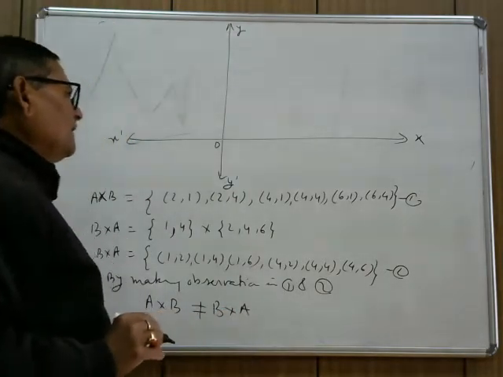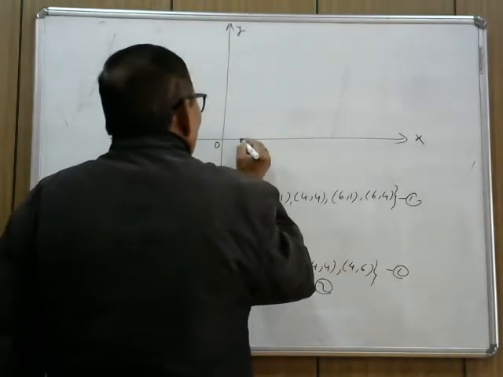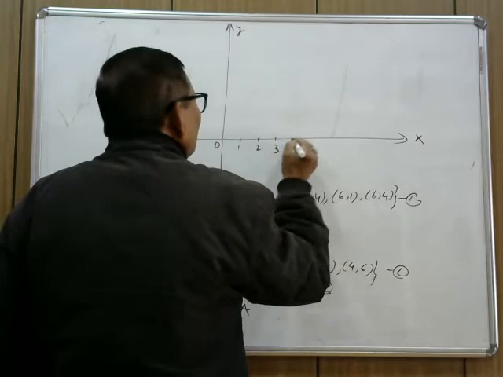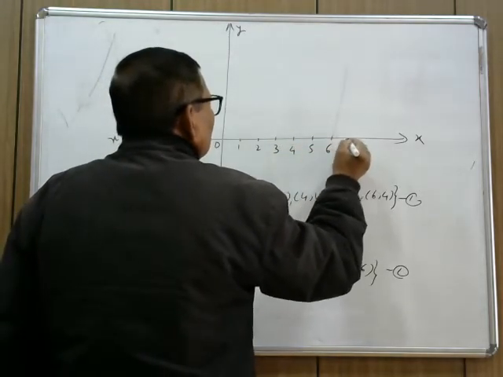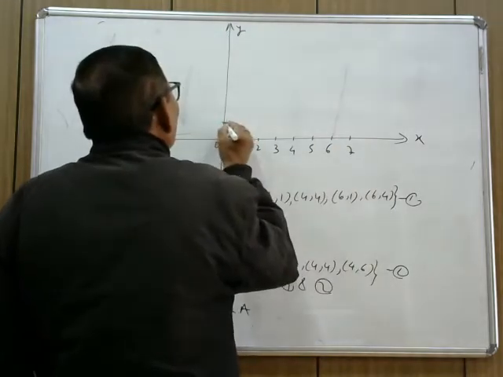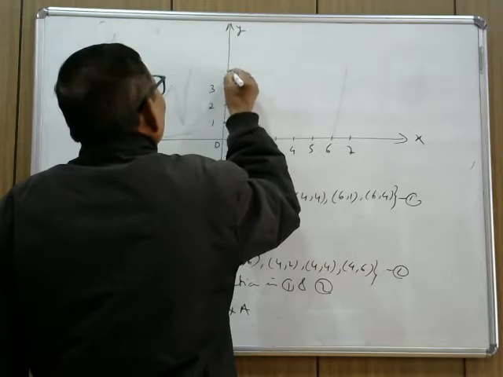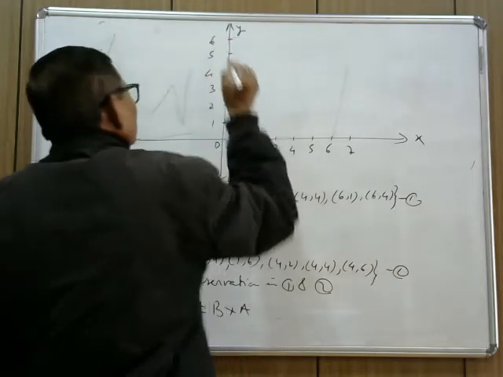The horizontal line is taken as x-axis and the vertical line as y-axis, and mark numbers on them: 1, 2, 3, 4, 5, 6, 7, and 1, 2, 3, 4, 5, and 6.